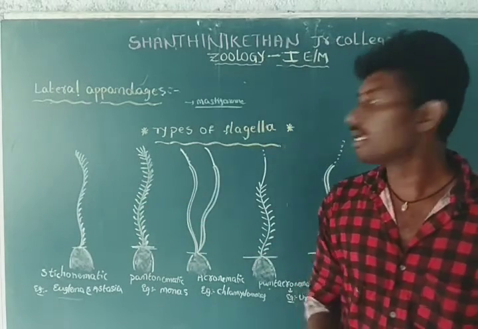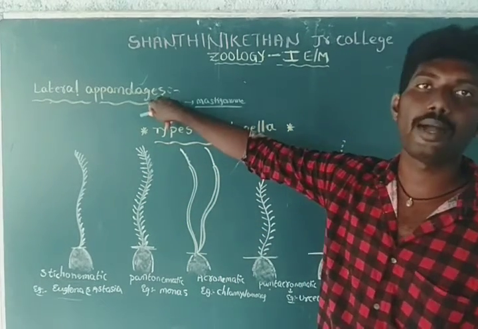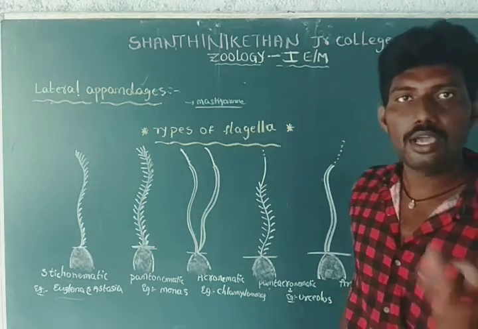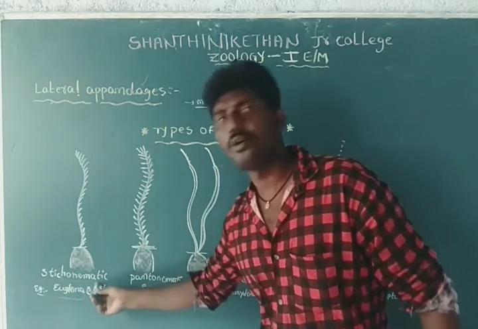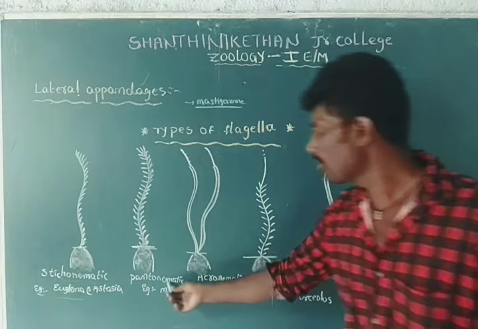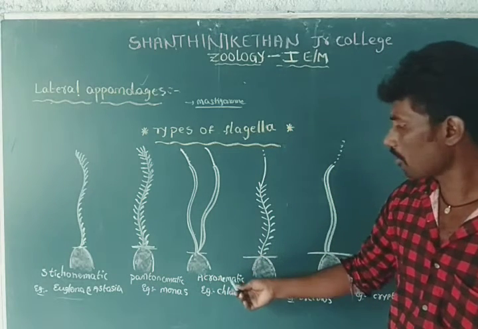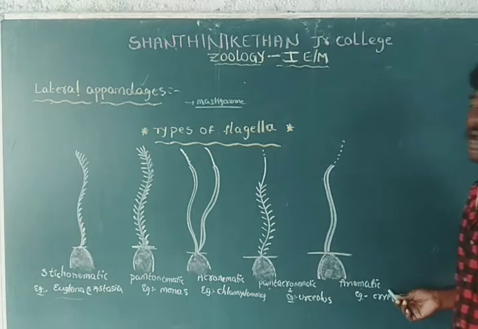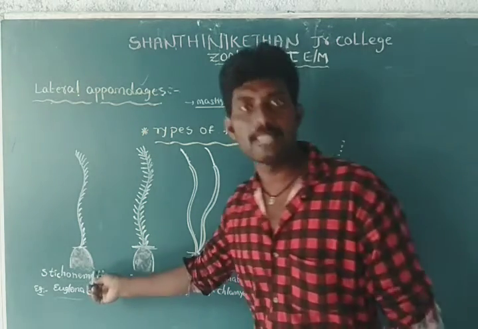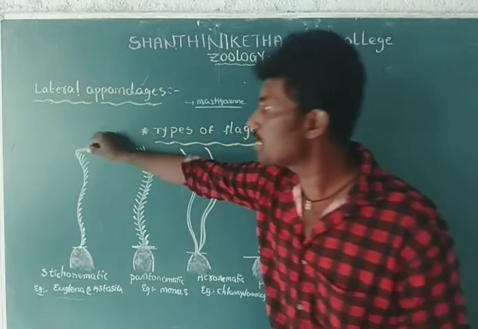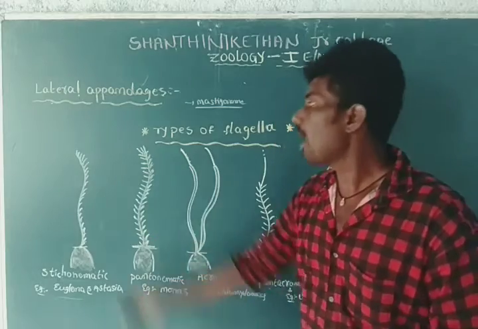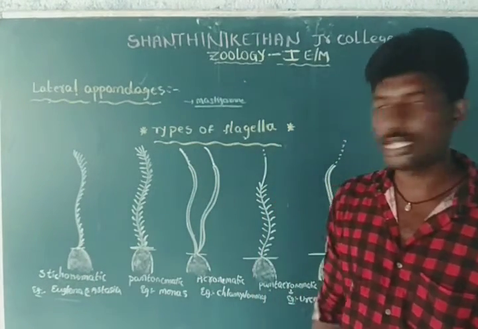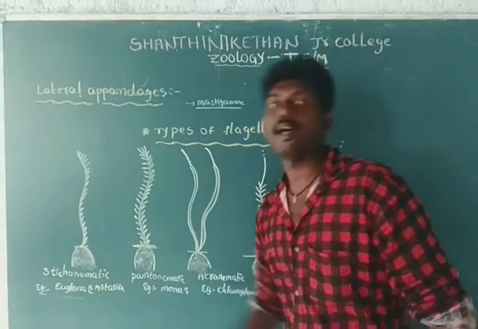There are 5 types: stichonematic, pantonematic, acronematic, pantacronematic, and enematic. A stichonematic flagellum bears lateral appendages on only one side. The best examples are Euglena and Astasia.